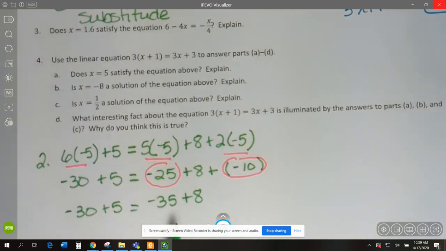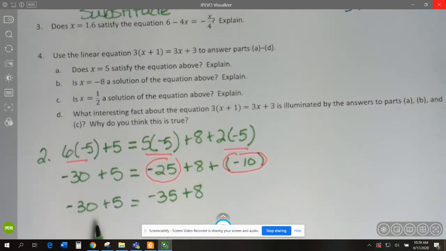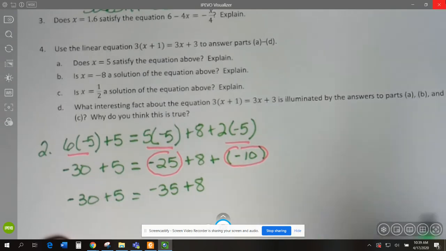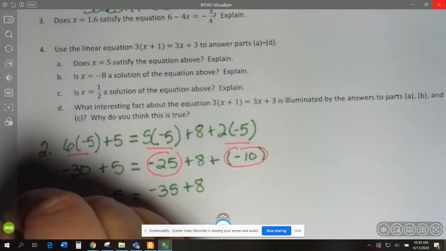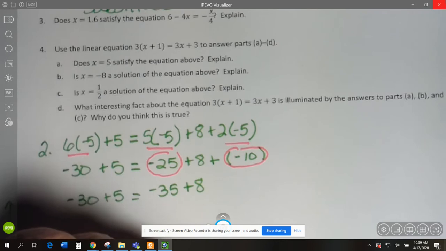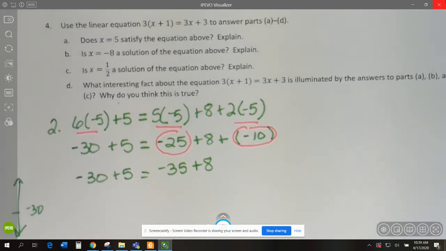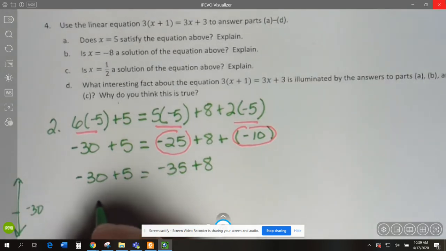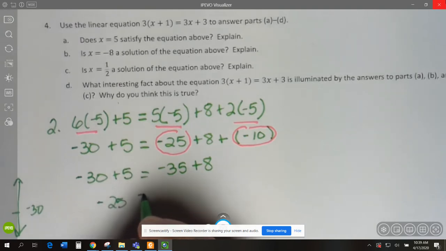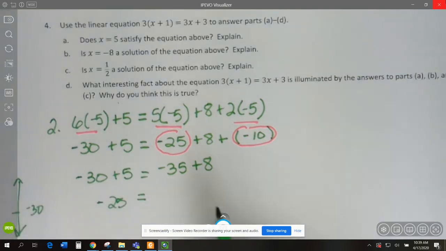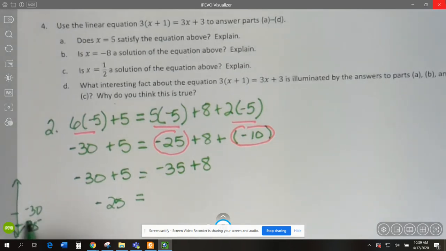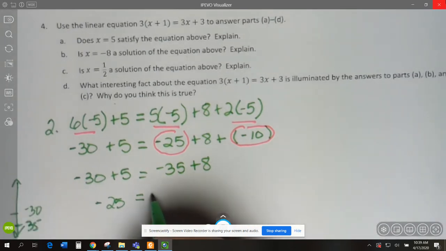So now, if I have a negative 30 and I add 5, so that's like on the number line. I'm at negative 30 and I go up 5. Negative 30 plus 5. That would give me negative 25, right? Because I'm going up. Here, I'm going to start at negative 35 and I'm going to go up 8, and that'll give me negative 27.